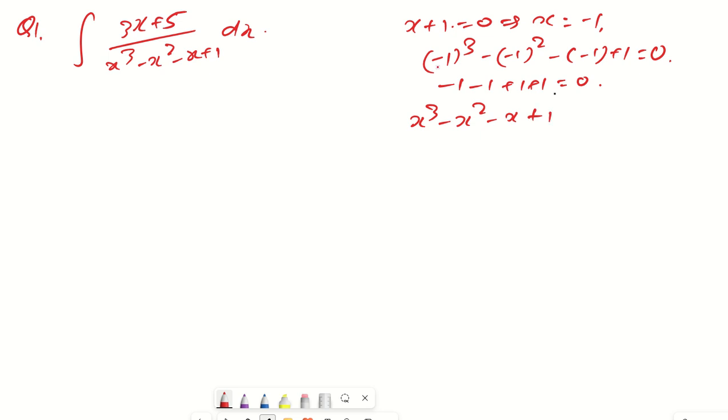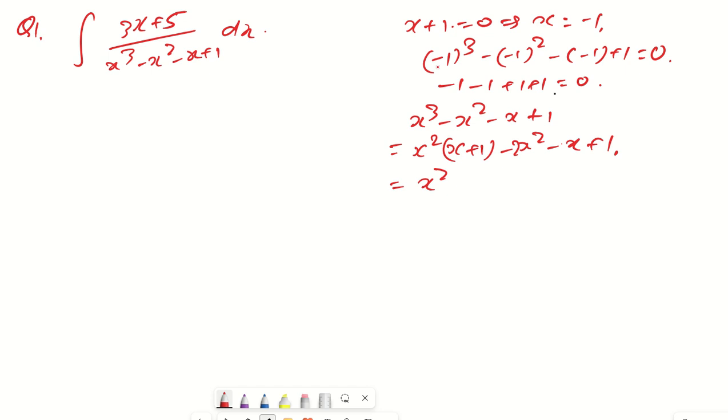Since x plus 1 is a factor, what is remaining here? I can put x square, so this becomes x cube. Then the additional term that is coming is plus x square, so I have to do minus x square. Minus x square is already there, so it will become minus 2x square minus x plus 1.